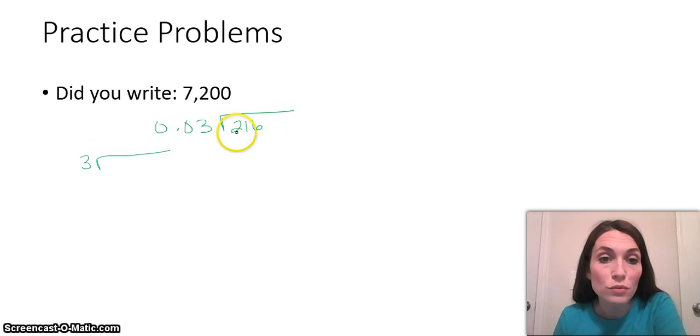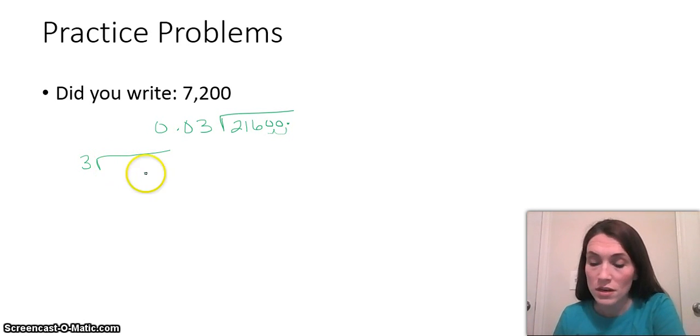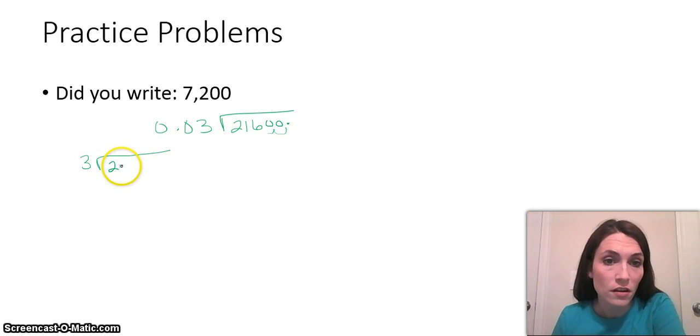And if I moved it 2 places here, I need to move it 2 places right here and put zeros to hold those place value spots. So now I have 21,600. I can divide 3 into 21 7 times. I'll subtract, bring down. 3 will go into 6 2 times.